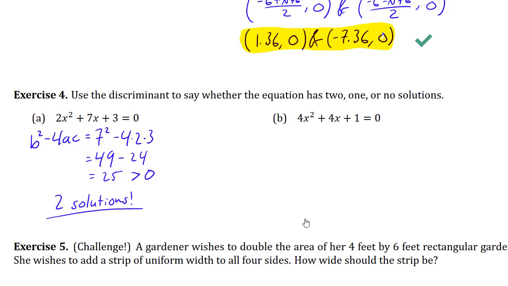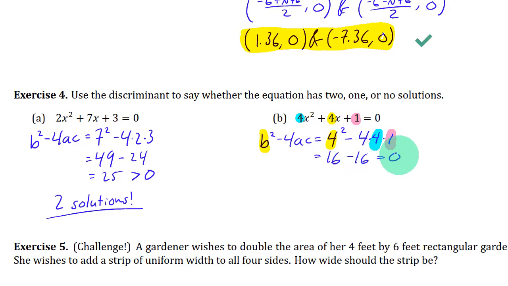And then with this one, the b squared minus 4ac is going to be 4 squared is your b, minus 4 times a times c. The a is 4. And the c is 1, so this is going to be 4 times 1 here. So let's see, this is going to be 16 minus 16, and that is equal to 0.